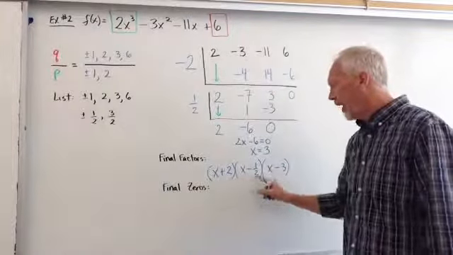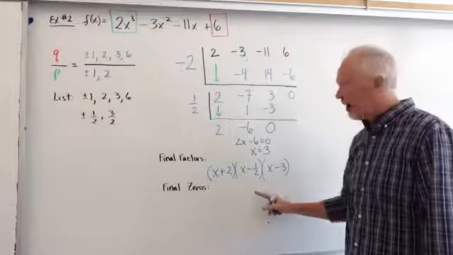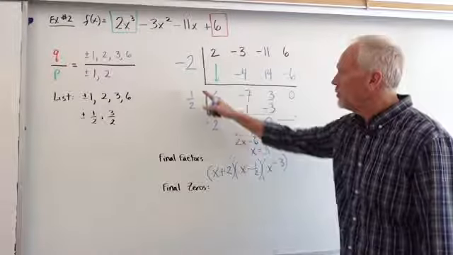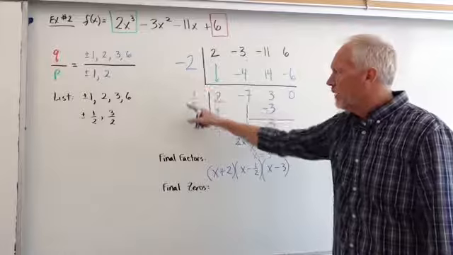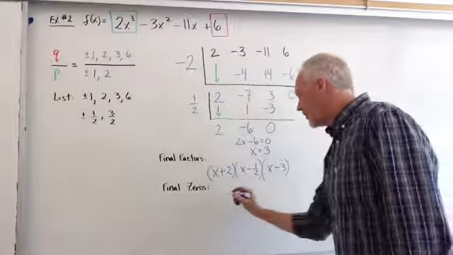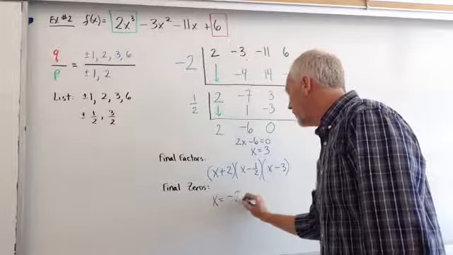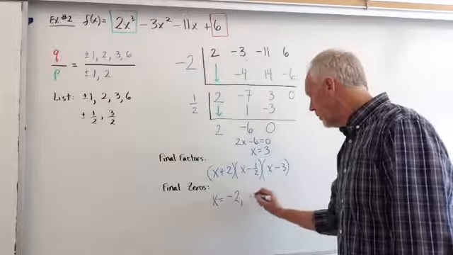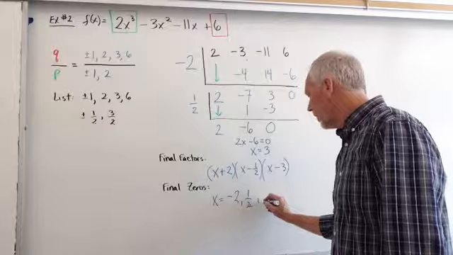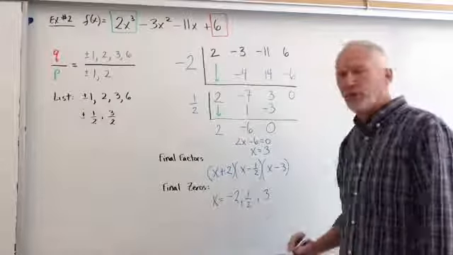Those are my 3 factors. And now I have to look at what are the final zeros. Well, we found them: -2, 1/2, and 3. So x is equal to -2, 1/2, and 3.